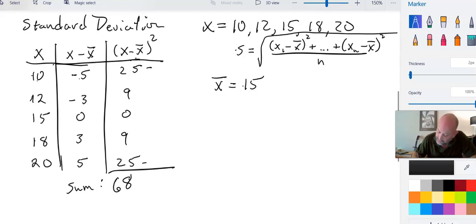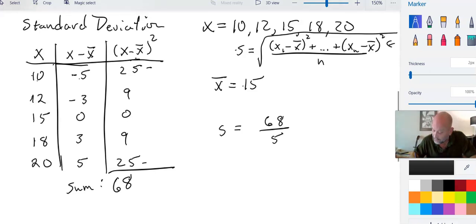Okay. So what that means for our formula, what we just got was this whole numerator. So if I want S now, all this stuff up here on top is now 68. So we have 68. N is 5.